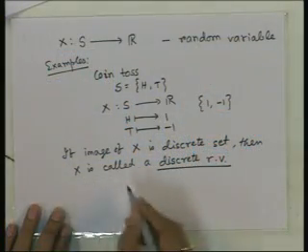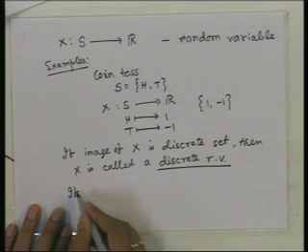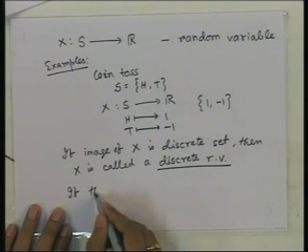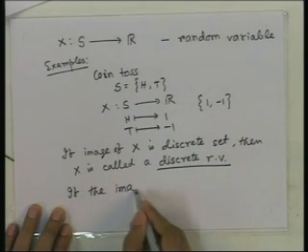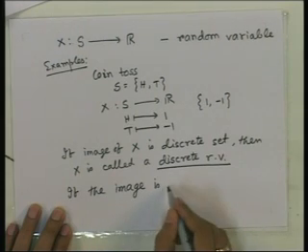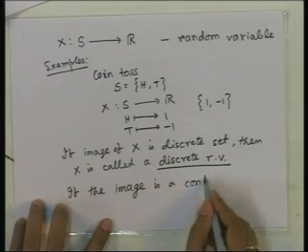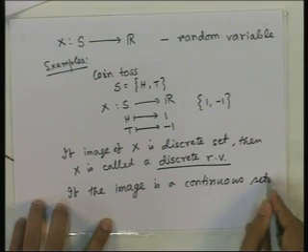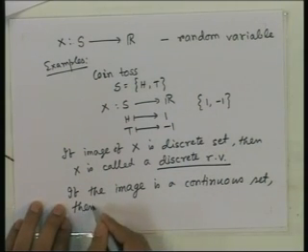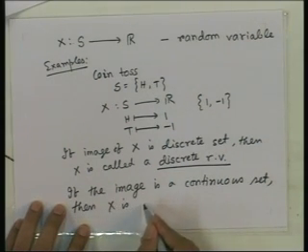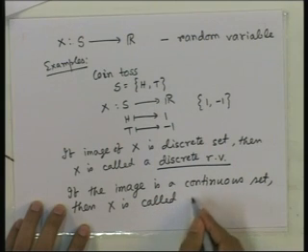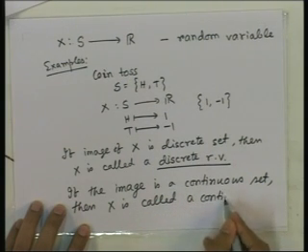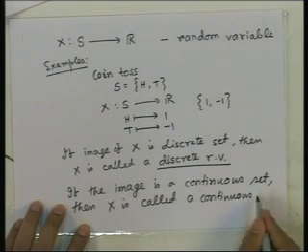So, it is a continuous random variable. So, if the image is a continuous set, then x is called a continuous random variable.